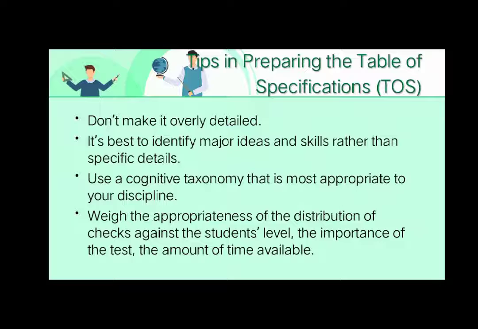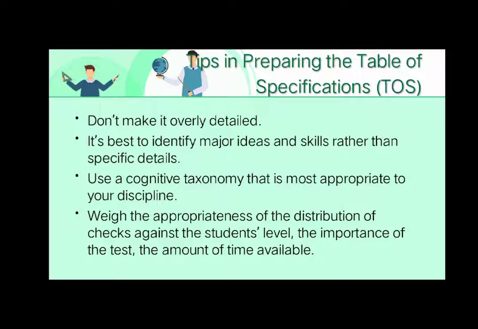Tips in preparing the table of specification. Don't make it overly detailed. It's best to identify major ideas and skills rather than specific details. Use a cognitive taxonomy that is most appropriate to your discipline.